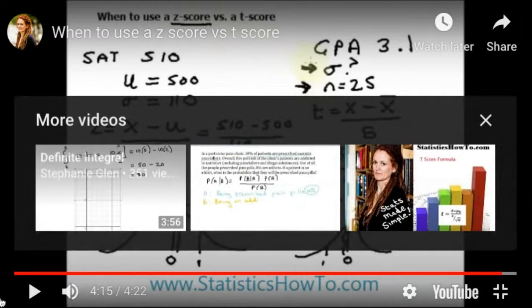Okay, I'm going to ask another question. This is use your interpretation skills. Is a GPA of 3.1 good, bad, or average? Anybody? Vishani, why is it a good average? Why is that a good GPA, 3.1?